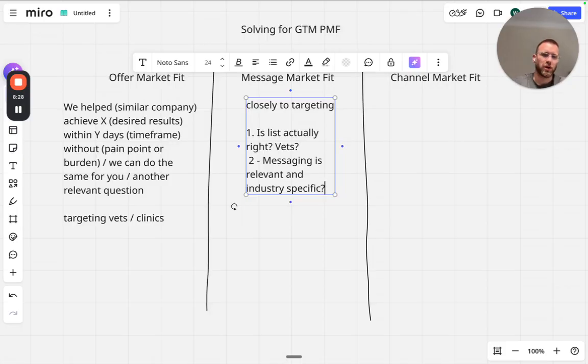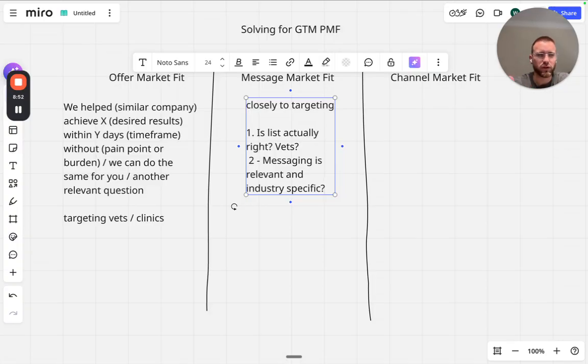What's important here is that if we're targeting vet clinics, is the language being used actually something that a veterinarian is going to recognize? Let's say they're the business owner, for example. Is the language that we're using, or the data, or the reports that we're sharing, actually relevant to them as a prospect?